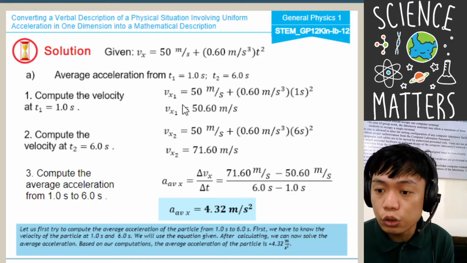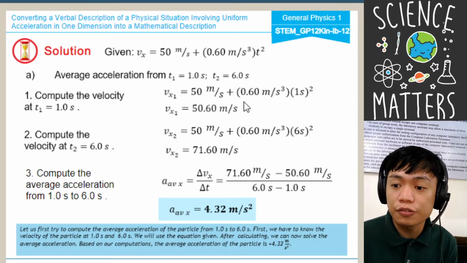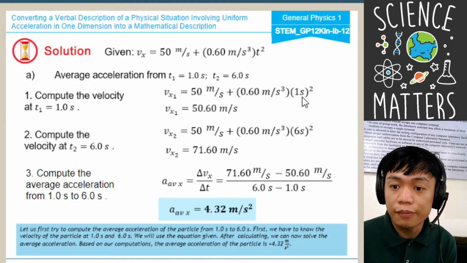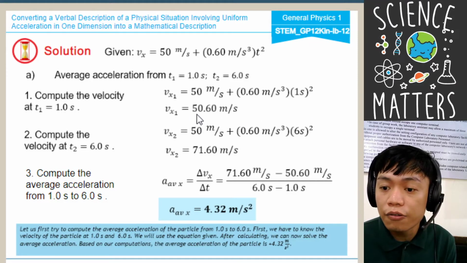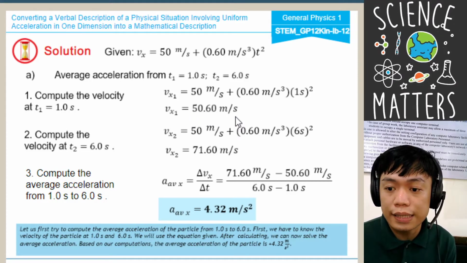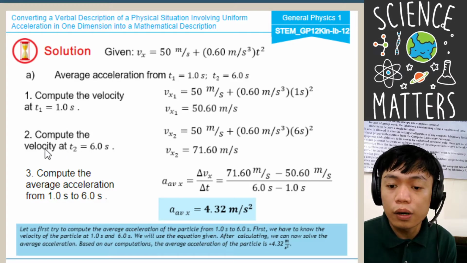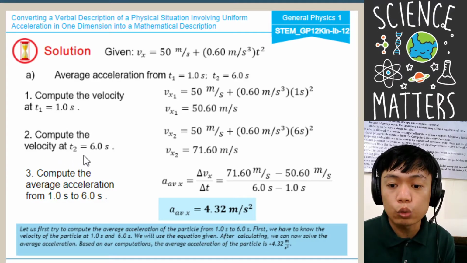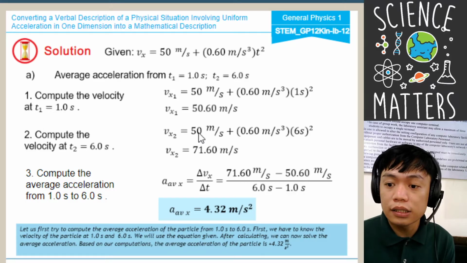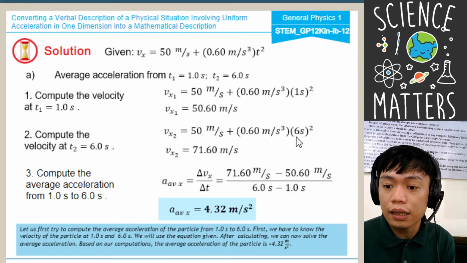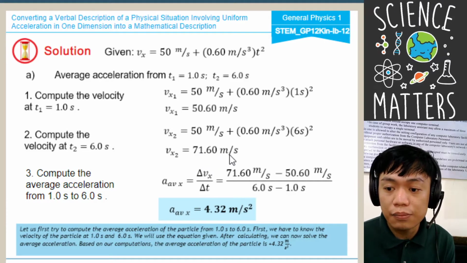We just substitute the values into the given formula to get 50.60 meter per second. Now for the second one, compute the velocity at t2, which is 6.0 seconds. Again we substitute the value of 6 in the formula, so we get 71.60 meter per second.